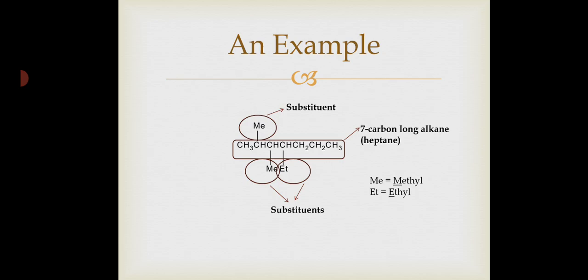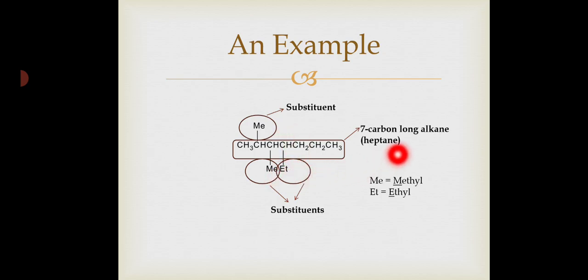Now, the next rule says that we have to identify the position of the substituents and see to it that the substituents get the minimum numbers. If you start numbering from this side, then one methyl group gets position 2, the other methyl group gets position 3, and the ethyl group gets position 4.